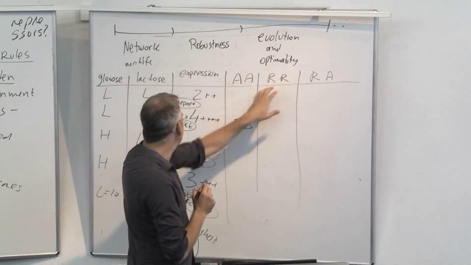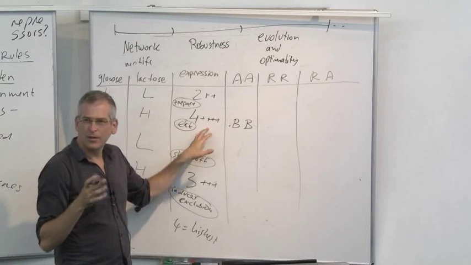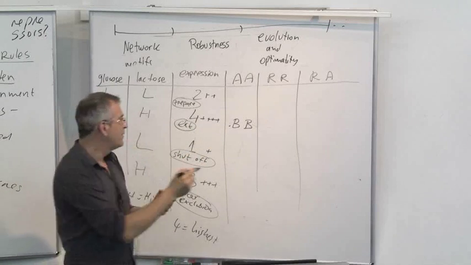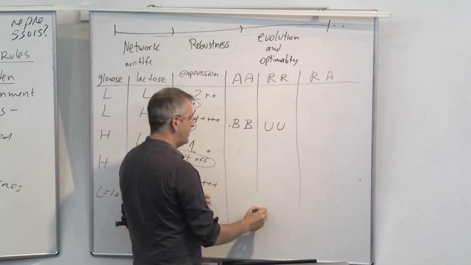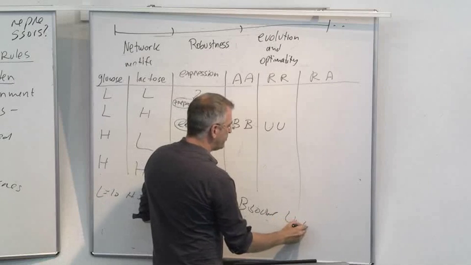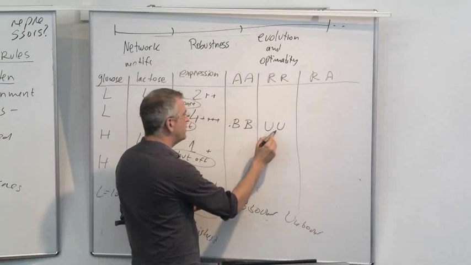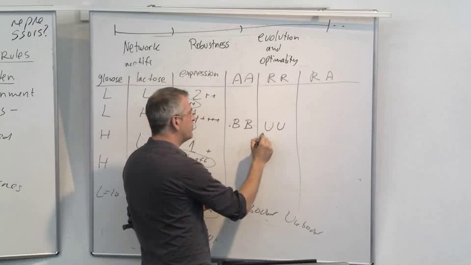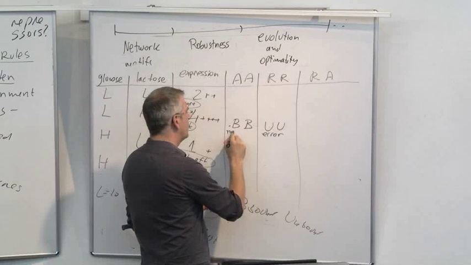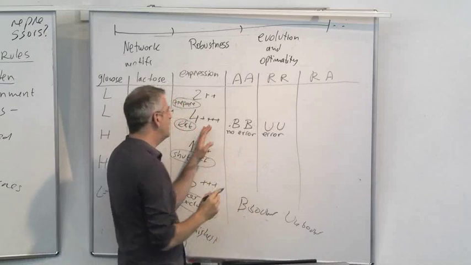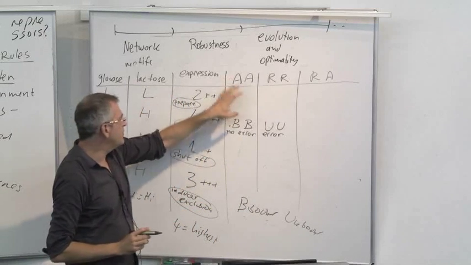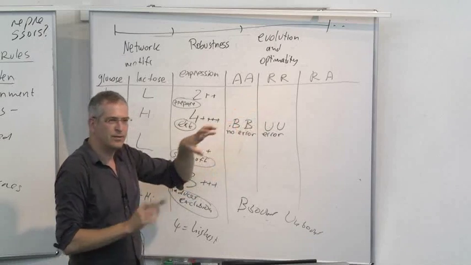But in the repressor mode, in order to get high expression, both repressors are unbound. Unbound, unbound. B is bound, U is unbound. All right? So this is now the most error-prone state. So you see, these different modes, you put your error-prone state in different places.